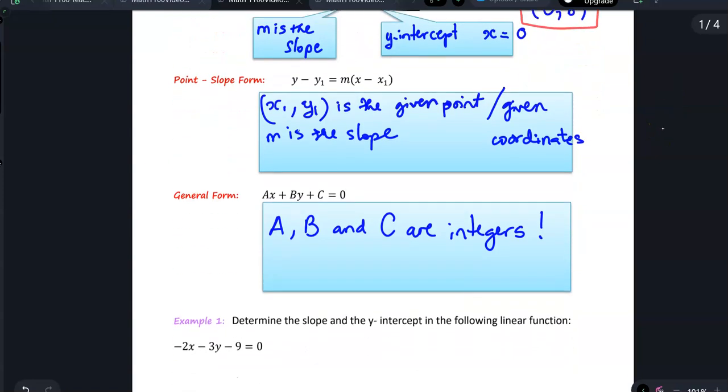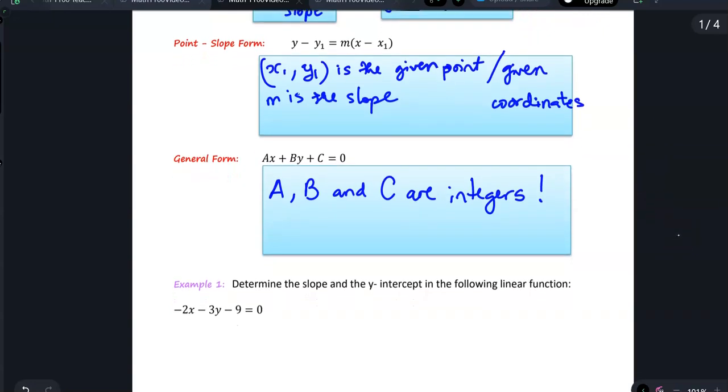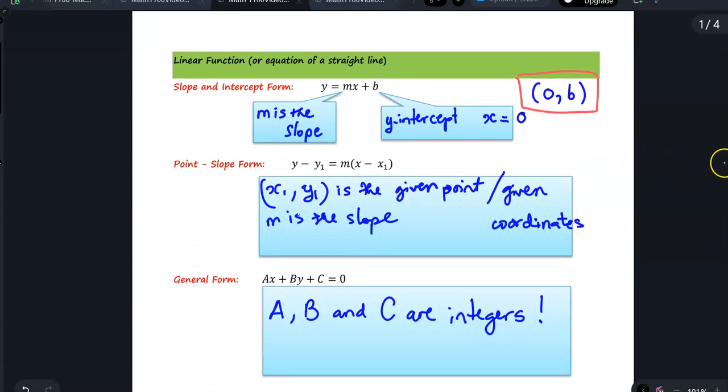So what you need to do is you need to transform this into the slope intercept form. Then from there you can figure out the slope and you can figure out the y-intercept. Okay, so then the question here is how are we going to do that? Then go back to this.